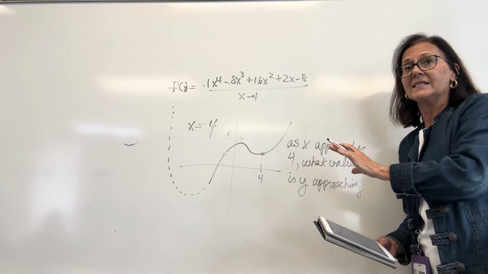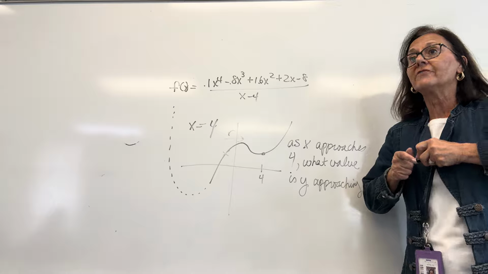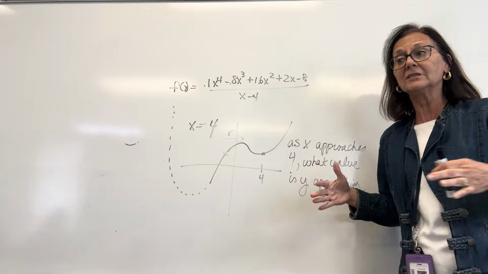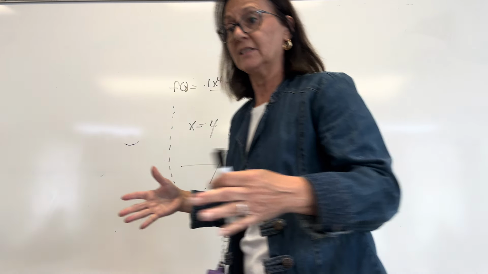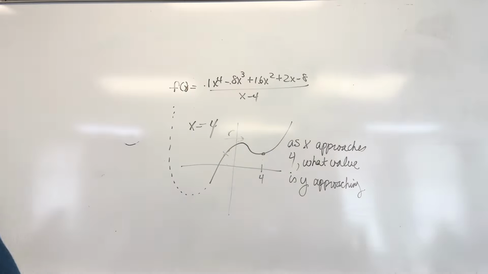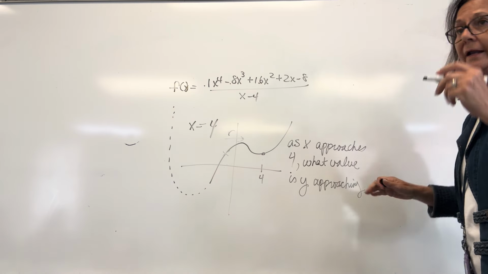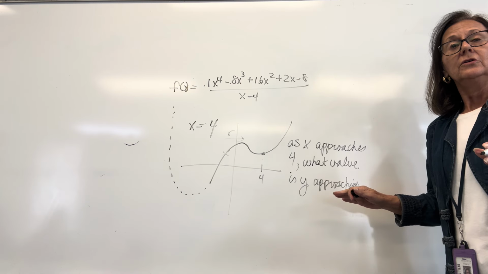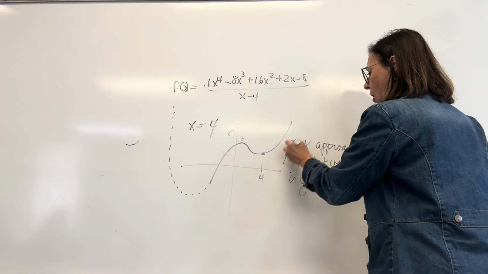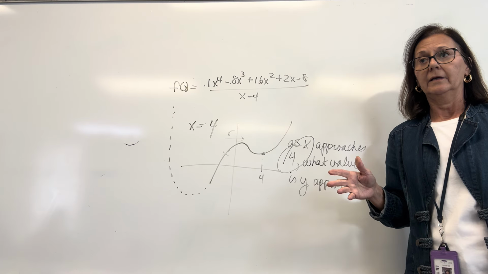In this case, it's undefined. Sometimes it's in the domain. Sometimes we're asking for the limit of a number that is actually in the domain. But in this case, we're not. So we would want to know all around where x is 4, what's the value of y?